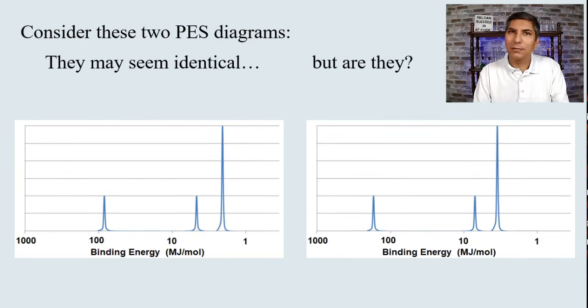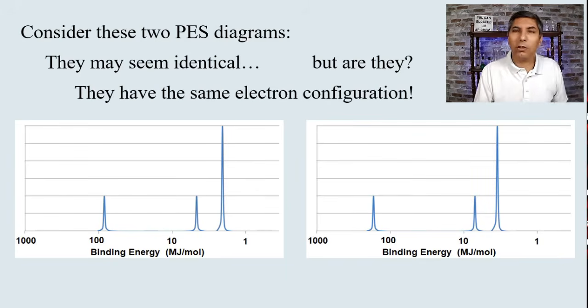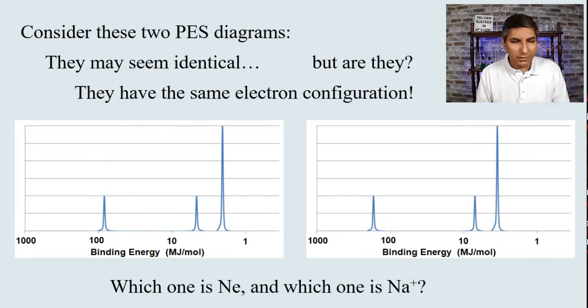Now, the peaks and the heights seem to be the same, so we can say that they have the same electron configuration. We can say that these two species are isoelectronic. That means that they have the same electron configuration, but there's something different about them, right? What if I were to tell you that one of these graphs represents neon and the other one represents the sodium positive cation?